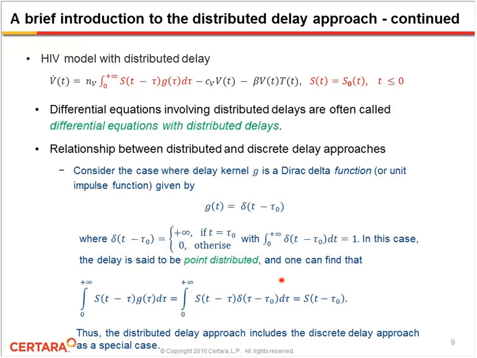By using the property of the Dirac delta function, you can easily find that this distributed delay term reduces to this discrete delay term. That means that the distributed delay approach includes the discrete delay approach as a special case.